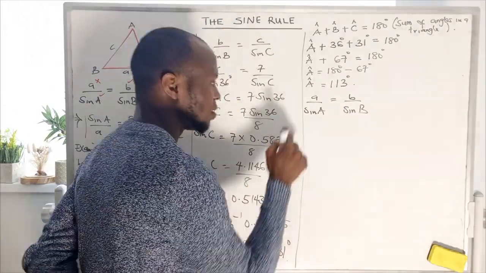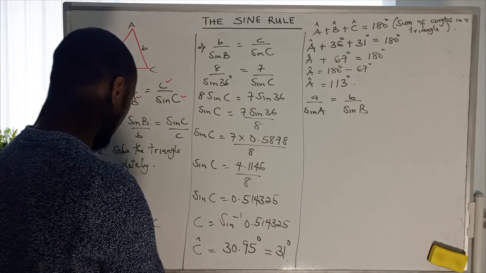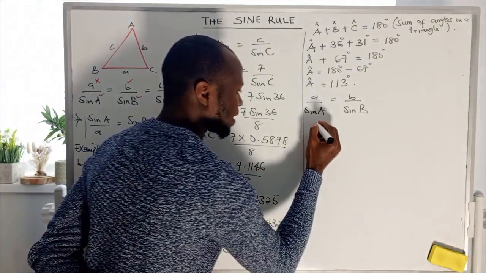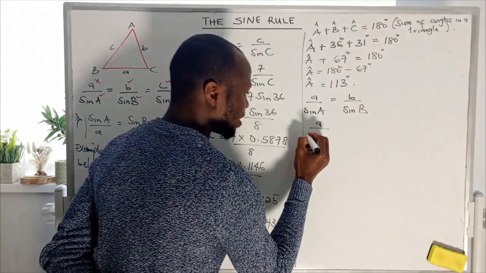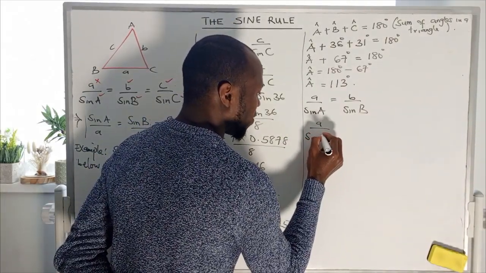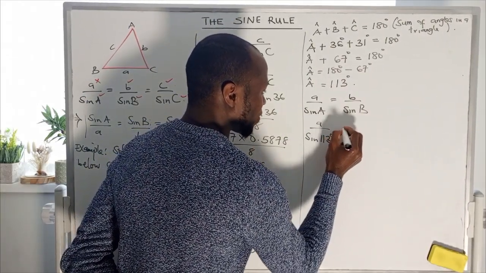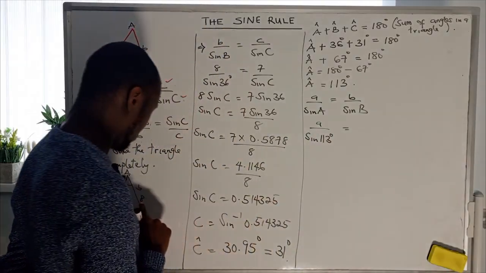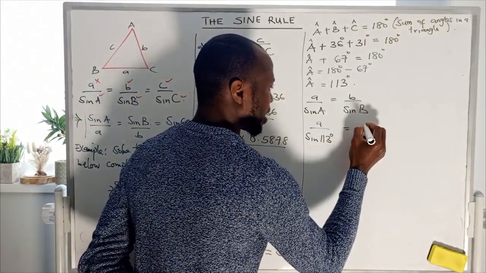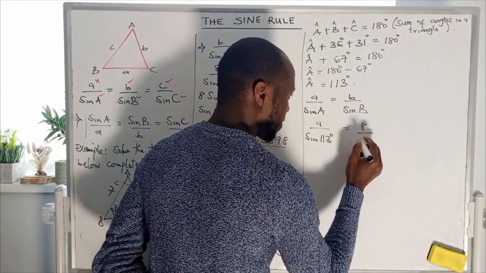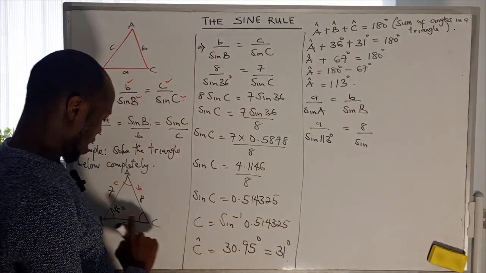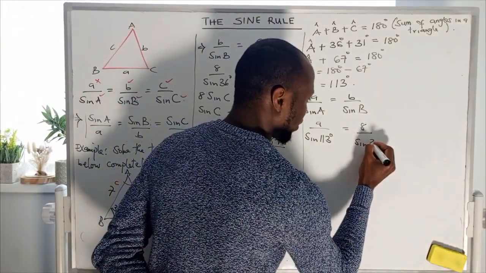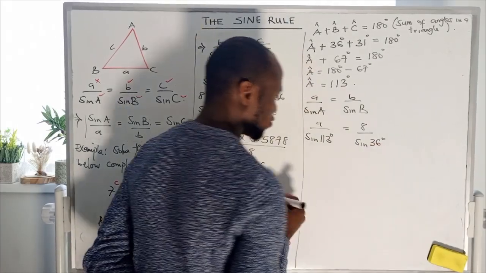Now, what is my A? My side A is what I want to find. My angle A is what I've gotten, that will be sine of 113 degrees, equals my side B, which is 8, divided by sine of my angle B, which is 36 degrees.